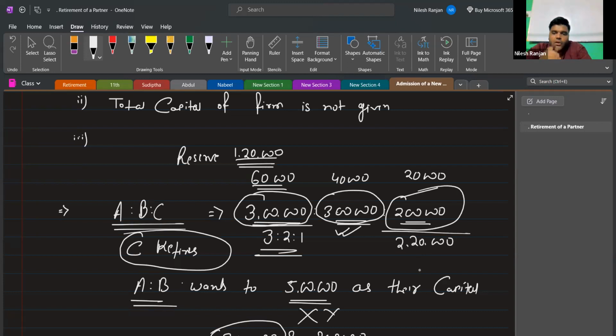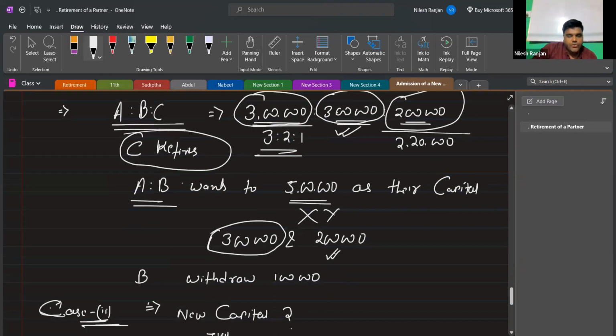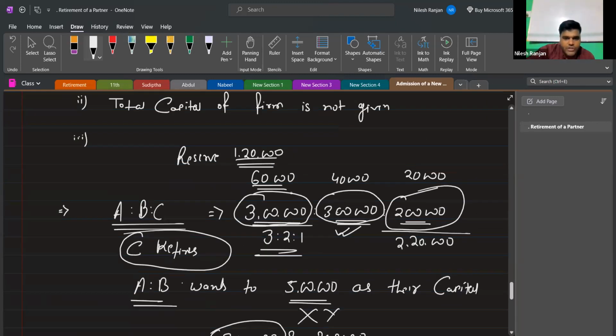Will their individual capital increase or their total capital increase? Both will increase actually. So can you tell me how much A's capital will increase?